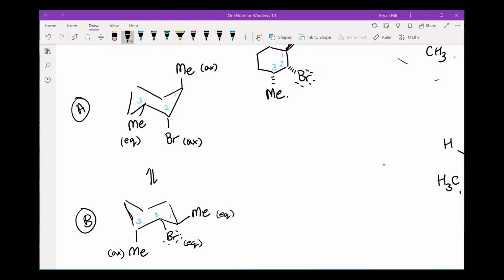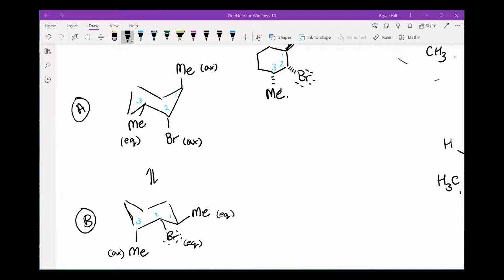A whole bunch of people are saying B, and it's B because? Right, there is the least number of axial groups, and remember, axial groups have those 1,3-diaxial interactions, which are destabilizing.